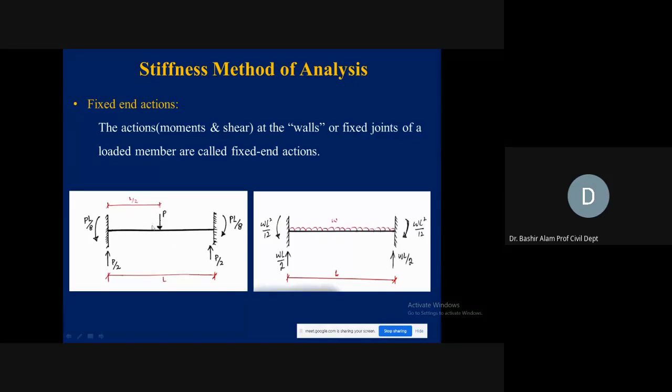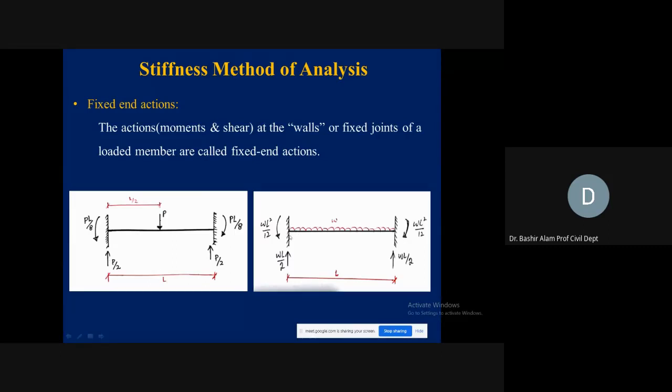So at each end, moment produced will be PL divided by 8 and PL divided by 8. You should be remembering this. If you don't remember it, the other option is you go and analyze this by the flexibility method, and you will not have that kind of time to analyze this and find out these support reactions. How much will be the reactions? These vertical reactions are P by 2 and P by 2.